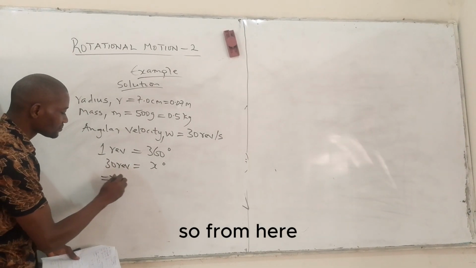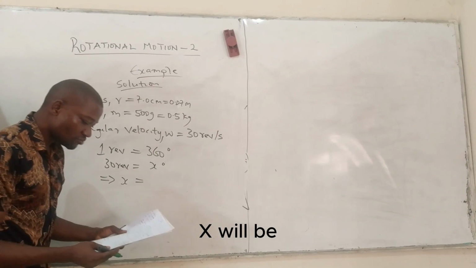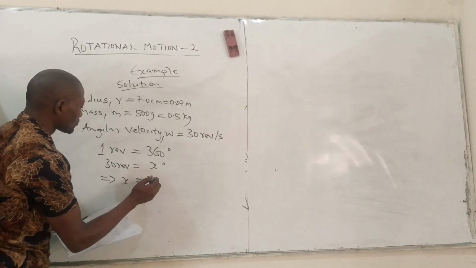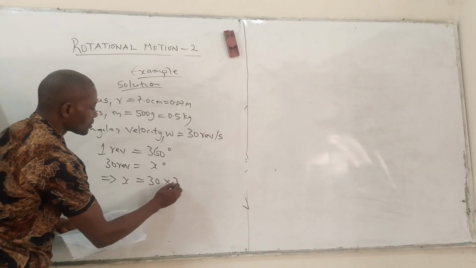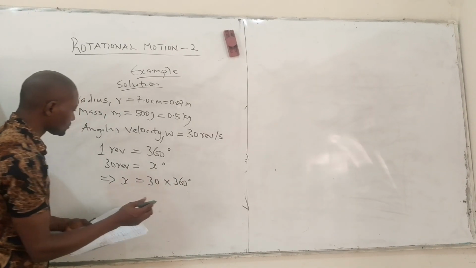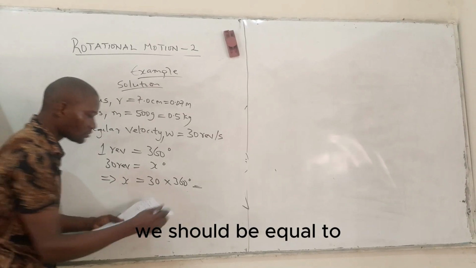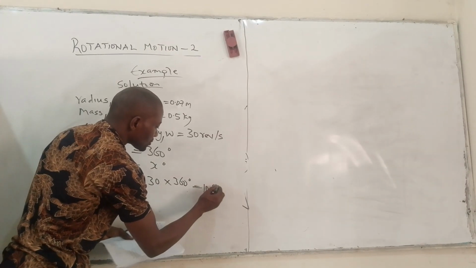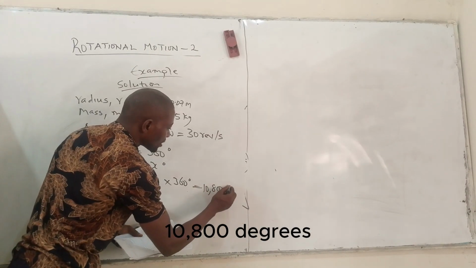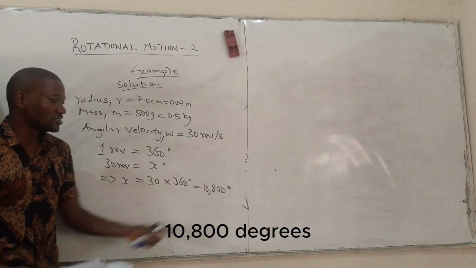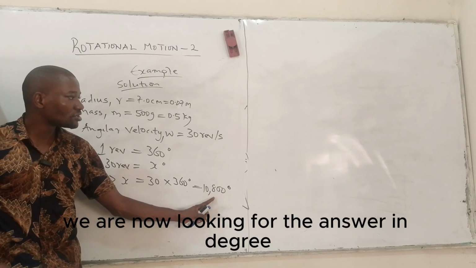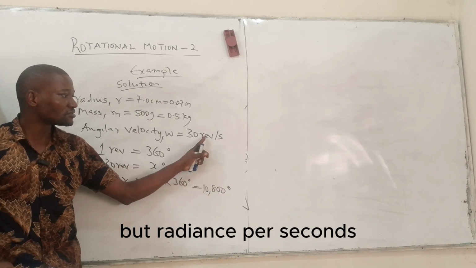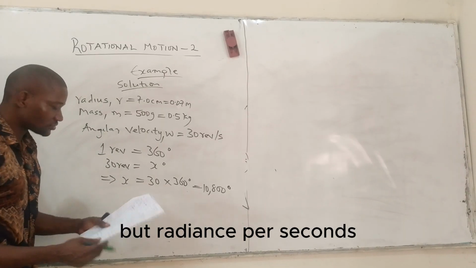So from here, x will be 10,800 degrees. We are not looking for the answer in degrees, but radians per second.